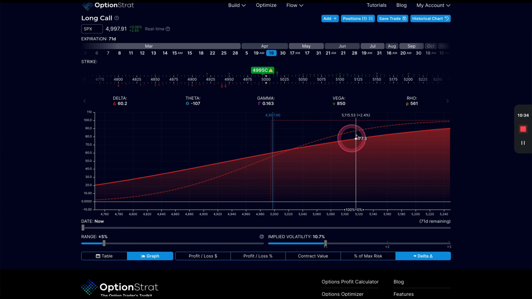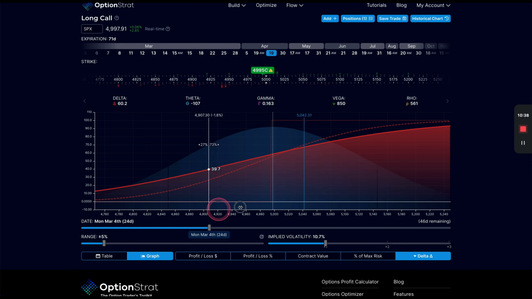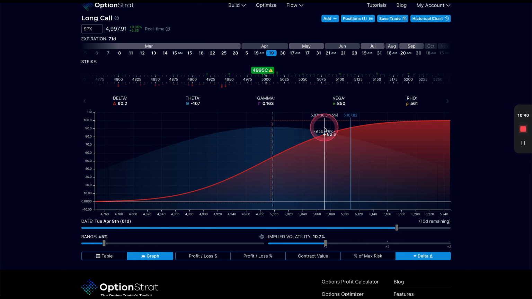And if we not only come up, and if we move forward in time, we're going to see that time also favorably impacts us. That if I come to 5,100, now rather than being 75% chance, I'm an 89% chance that this will expire in the money, because of course there's less time left for this thing to move.